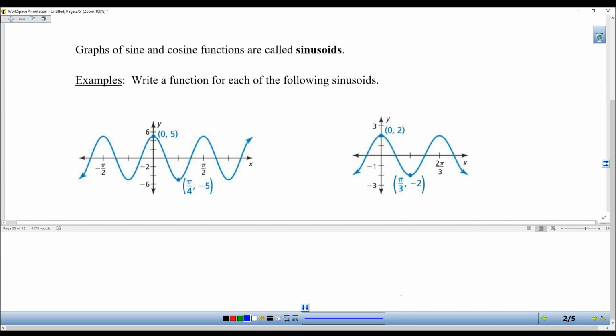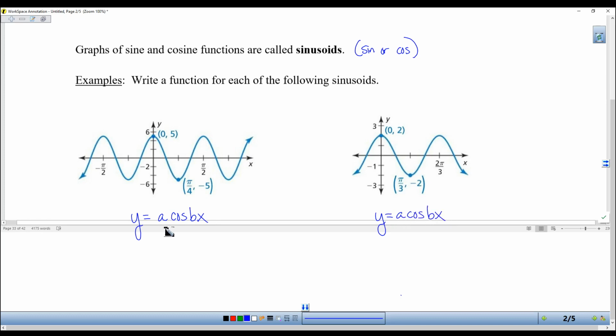So even though it's called a sinusoid, it could be sine or cosine. You are not required to shift. So since this one starts up, I know that it's going to be y is equal to a cosine of bx. And this one also starts up. So this one, again, even though it's called a sinusoid, it's still going to be a cosine because we don't want to have to shift it.